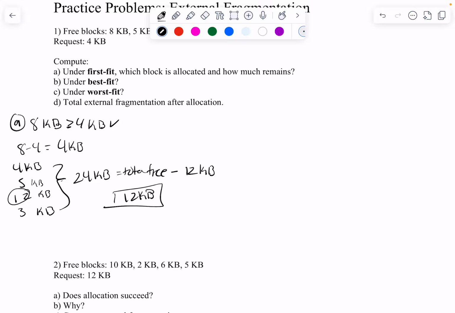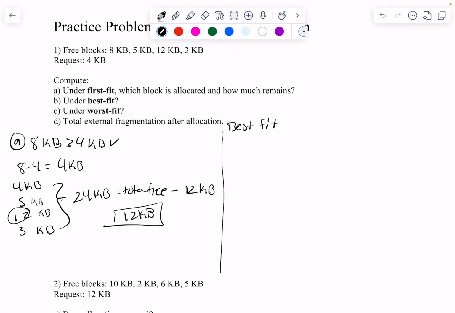Now let's look at the next option, which is the best fit. Again, this is going to pick the smallest block that is still big enough for the request. So going through our list again, we're looking at 8, 5, 12, and 3. And we only need 4 kilobytes. So when you're looking at this, the smallest block that fits here is going to be 5.